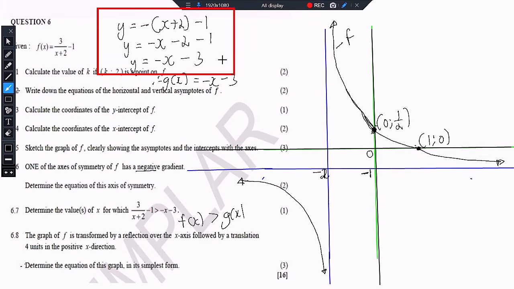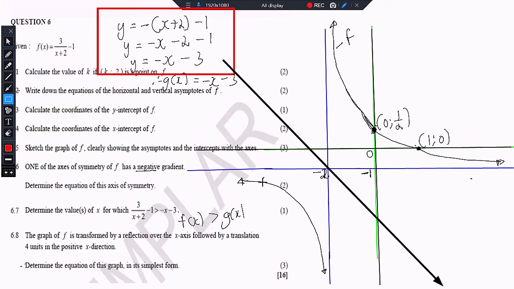So if we were to draw it, it must pass through the asymptotes here, through the midpoint of the asymptotes, going that direction because it's a negative gradient. Now, in other words, we are looking for where the graph of f, meaning the hyperbola function, is above the graph of g, which is your axis of symmetry.